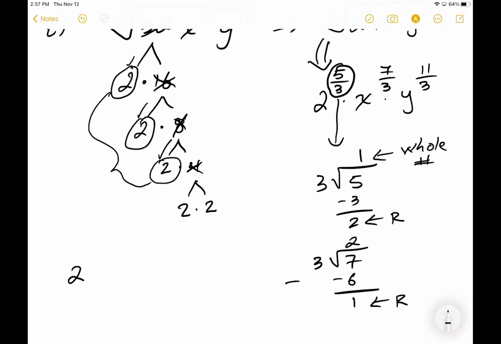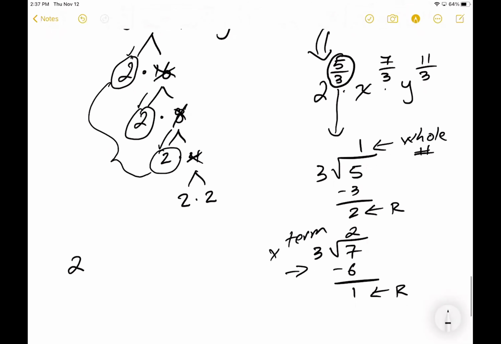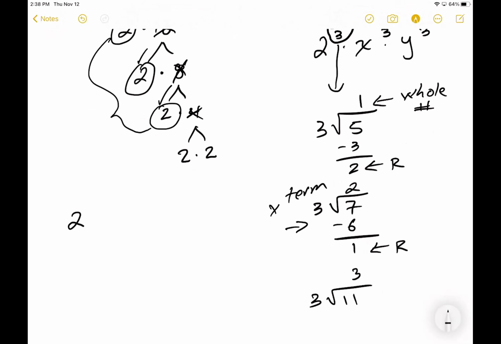This is related to your x term. And if you take 3 into 11, you get 3 as a whole number, and 3 times 3 is 9, so you have a remainder of 2. That's your whole number here.